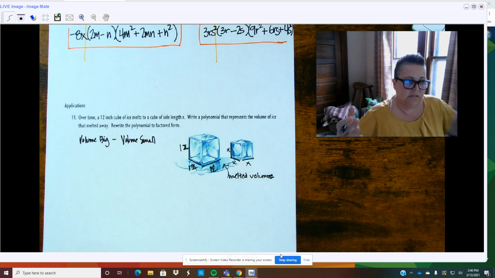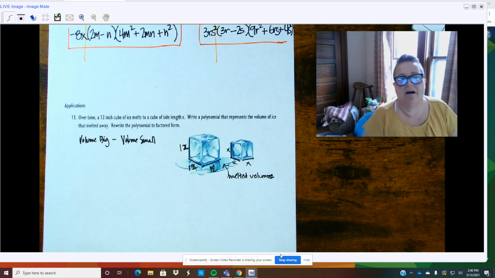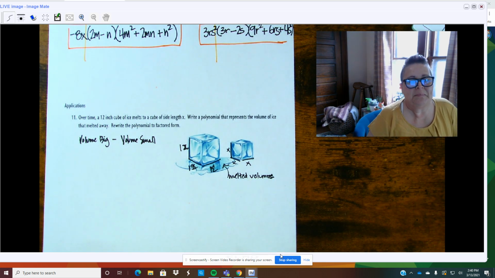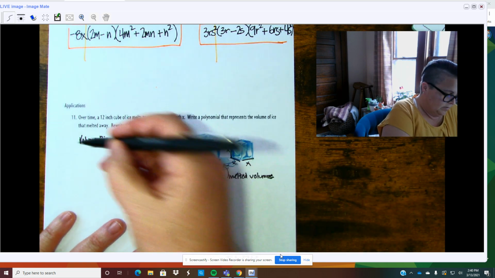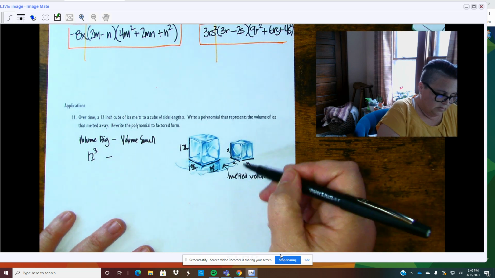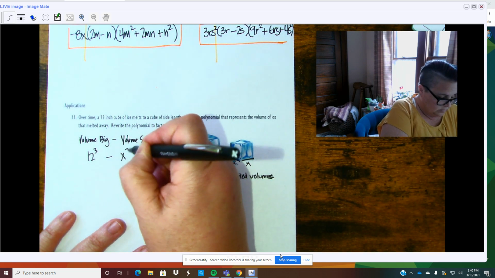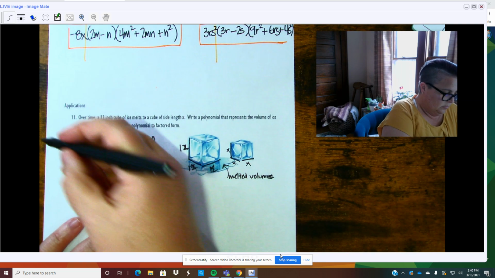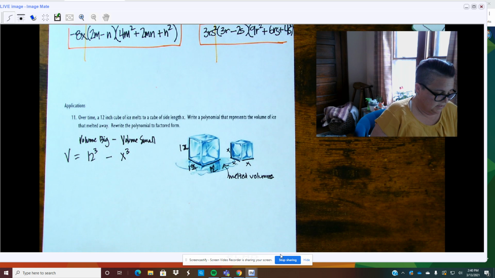If you take what was in the big cube and subtract away the volume of the small cube, then the puddle on the floor is what's missing off of the big cube. Okay, so the big cube is length times width times height, or 12 cubed, minus the volume of the small cube, which is x times x times x, or x cubed. So the volume that's missing would be 12 cubed minus x cubed.